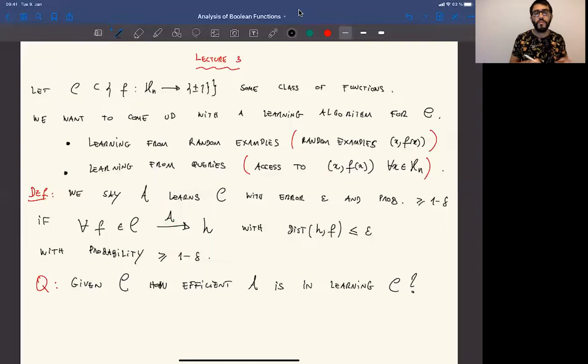You have an algorithm for learning C, and how efficiently can I learn this class C? We will see that there are some classes that you can learn in polynomial time. So the goal here is to answer that question: is it polynomial time?